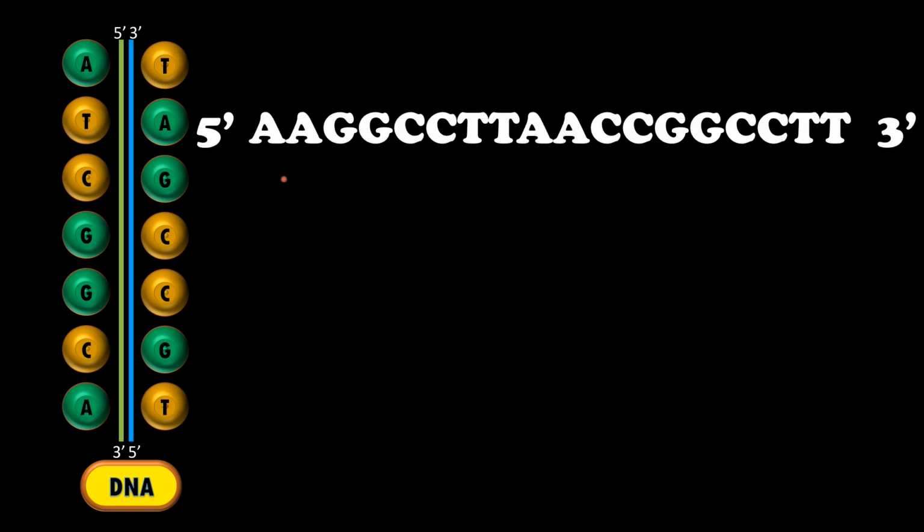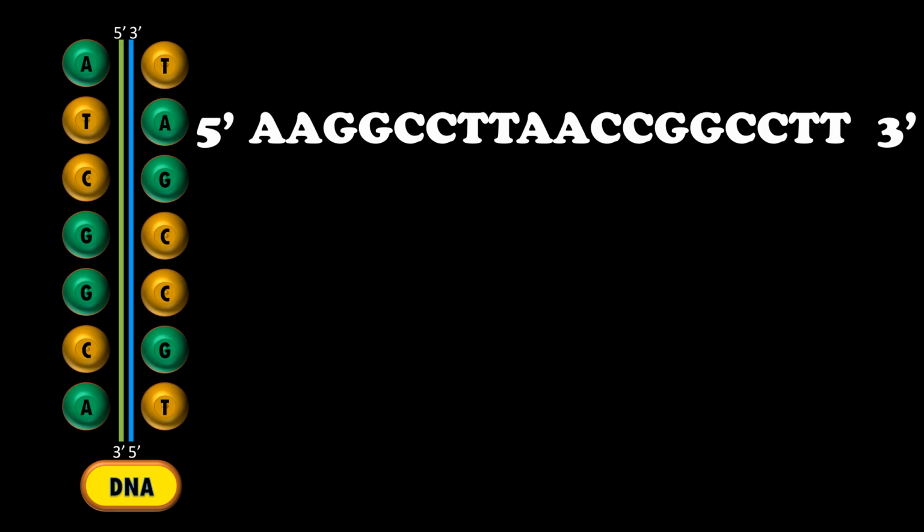A will always pair with T, T will always pair with A, and so on and so forth. Students, I highly recommend you to note down this sequence of DNA and write the complementary strand sequence for this DNA in the comment section below.